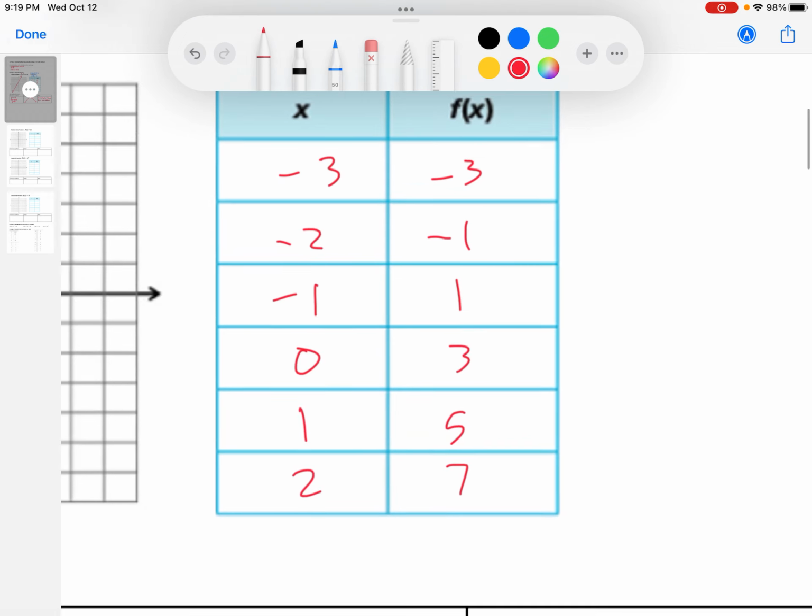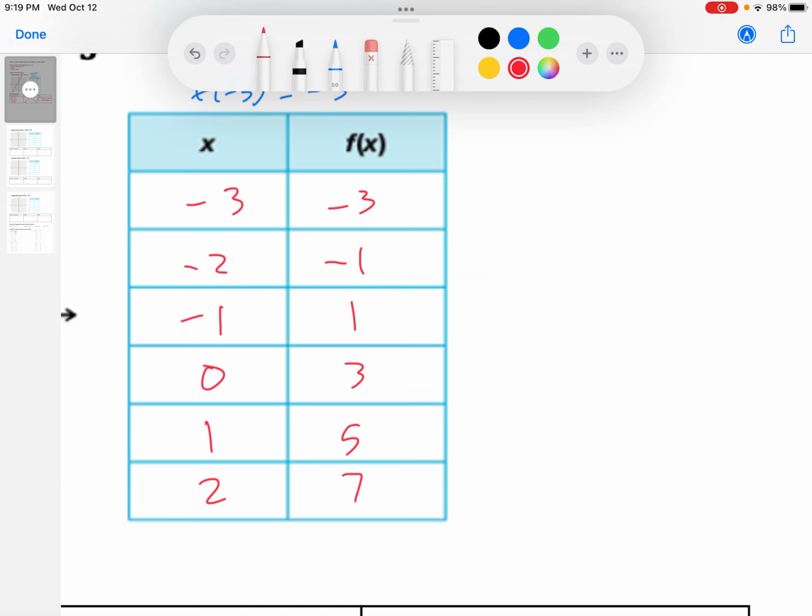If we go and look at the problem we just did, I think most people can probably see that it's going up by 2. But here's one thing I want to do real quick because it's going to come in handy in a little bit. The way that you kind of officially find the common difference, so like in this table, it's pretty easy to see that it's going up by 2. But if you wanted to calculate this mathematically, like really crunch the numbers, here's how you do it.